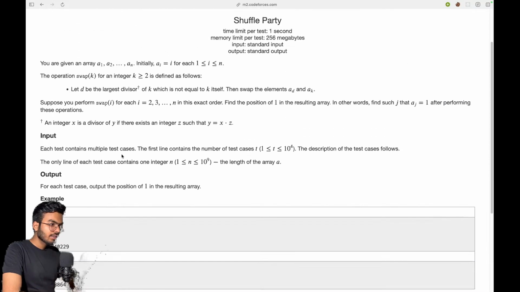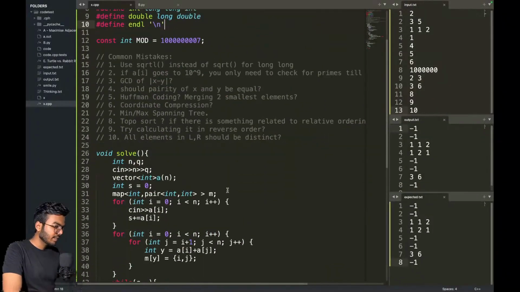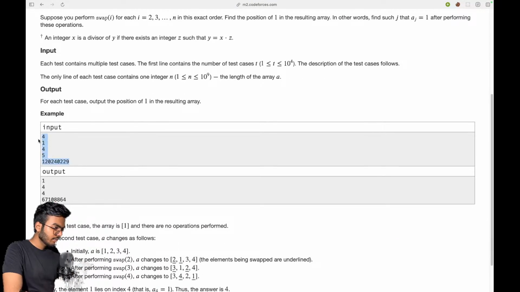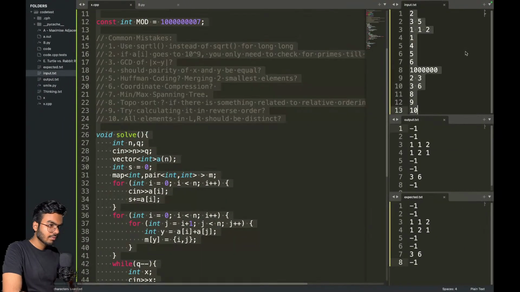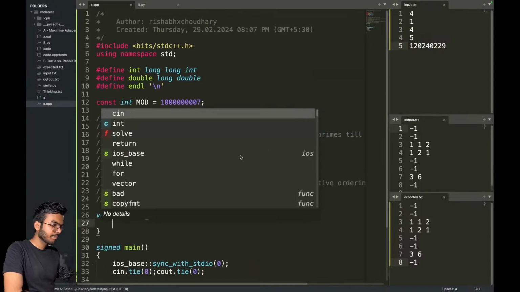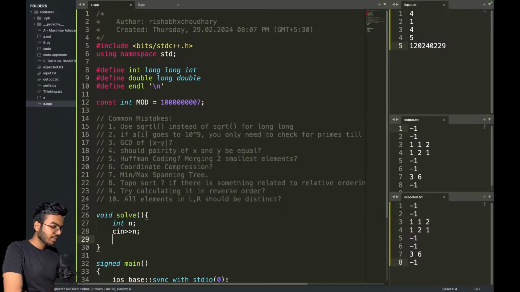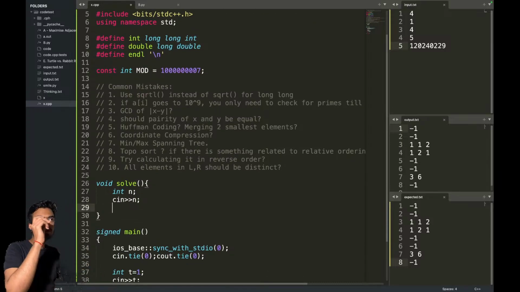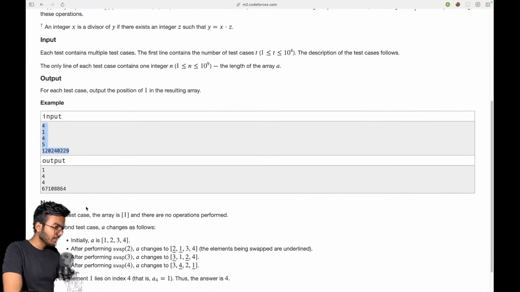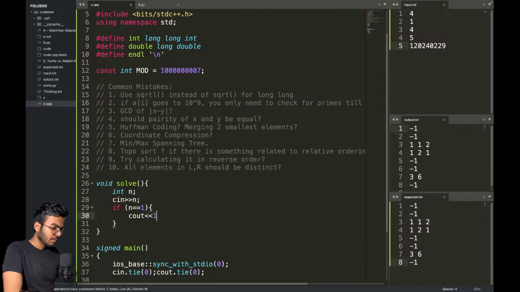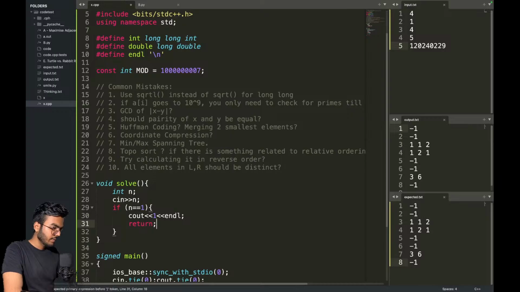Yeah. So what we can do is let's just take the input first. Now first we have an integer n, cin n, and now I want to find the number. I think there will be some edge cases. If n is 1, then the answer should be 1 and return.